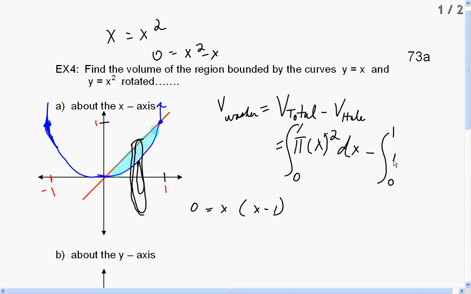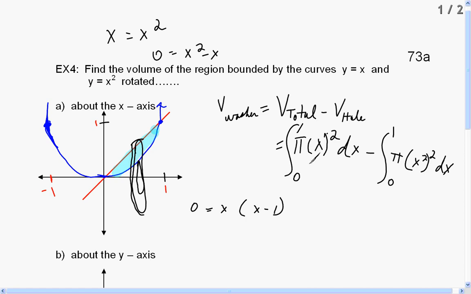So that's still pi times, now the radius is x squared, squared, times dx.